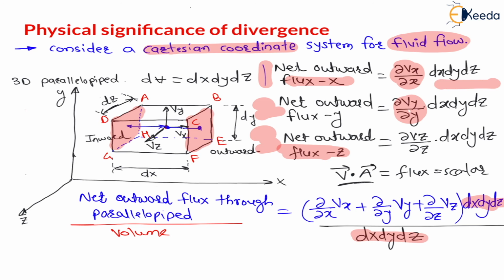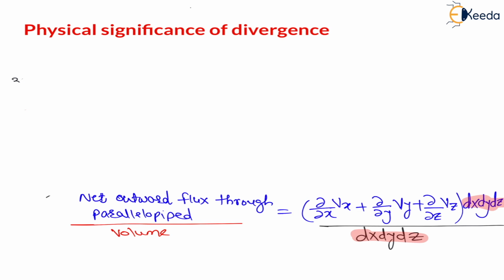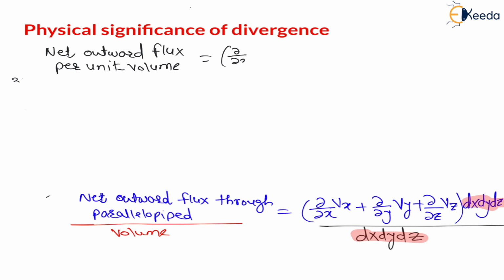Then what we will get is the net outward flux per unit volume, which will be equal to ∂/∂x vx plus ∂/∂y vy plus ∂/∂z vz.